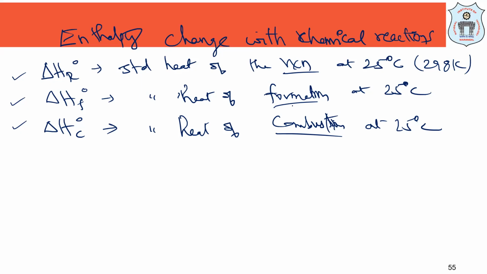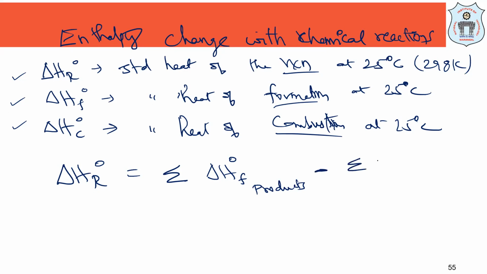Okay, and we can write for any reaction delta HR naught is equal to summation of delta HF of the products minus summation of delta HF of the reactants.